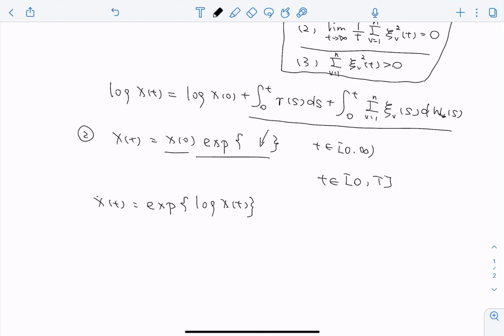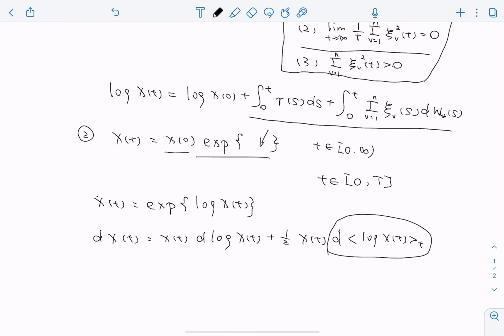If we apply Ito's rule to it, we get dX of t equals X of t times d log X of t, plus 1/2 times X of t times d, here actually a quadratic variation, if you remember the notation we used in the introduction, which equals the sum of K_c squared dt.